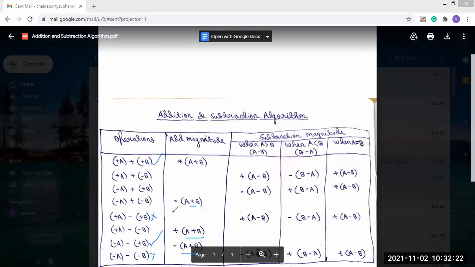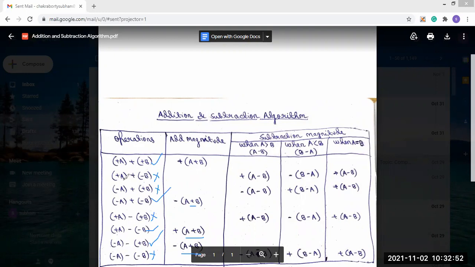This and this we will not check, because they are already present in the add magnitude. So we will check only these two, because the other operations are already present in the add magnitude.